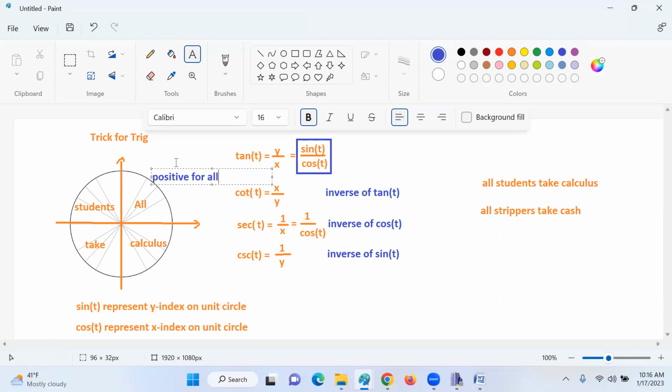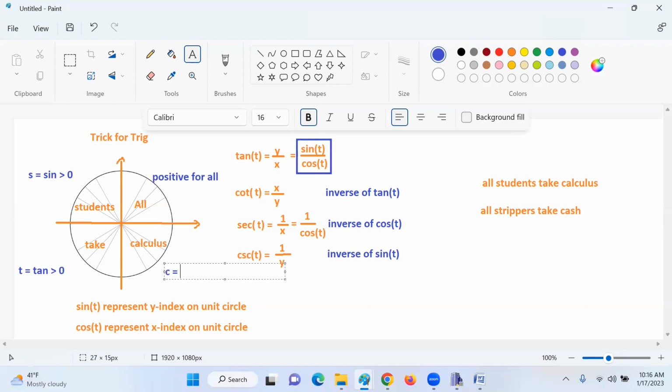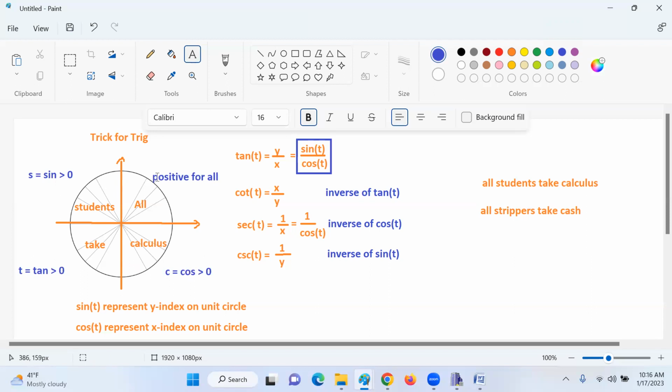Then S, which represents the student, means only the sine is positive. T, for tangent, means only tangent is positive. The C, for calculus or cash, is cosine, only the cosine is positive. But I feel like it's harder by saying All Students Take Calculus. Not every student takes calculus when they graduate.